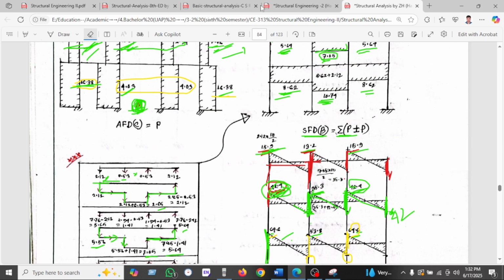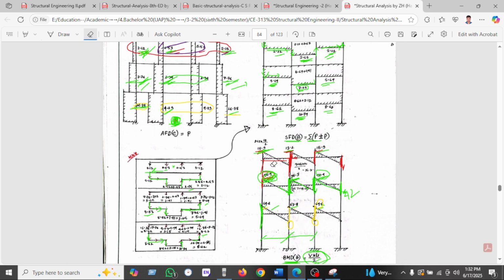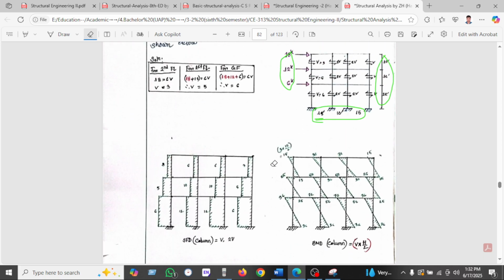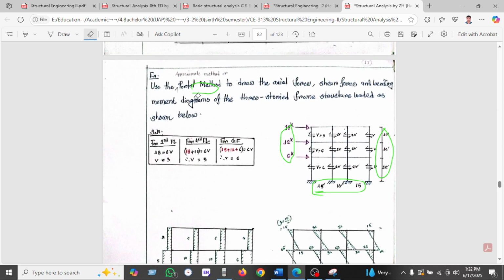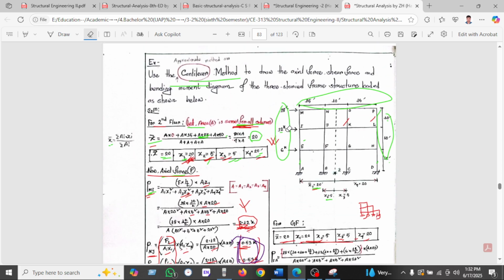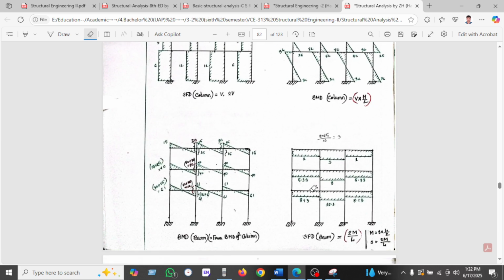So that's all. If you have any question, then let me know. If you want to see the shear, you can also compare the shear. So you can see the column shear, which is 15. Column shear of the portal method we can find here, 15, 25, and 36. Sorry, these are the beam, not shear.